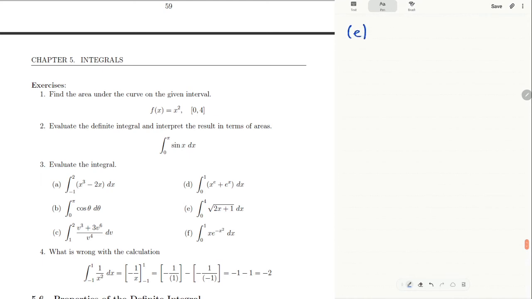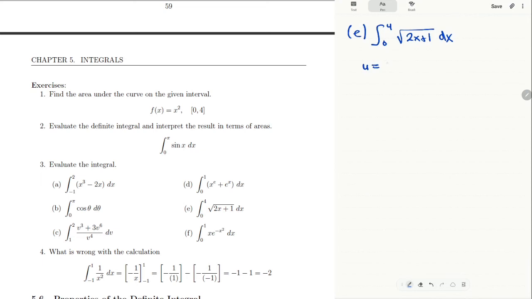Now let's have a look at letter E. We have the integral from 0 to 4 of the square root of 2x plus 1 dx. So here we want to find the antiderivative of the root of 2x plus 1. Now we need to use a substitution to evaluate the integral.